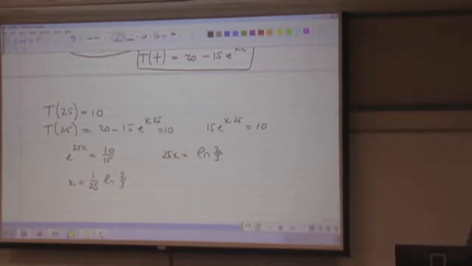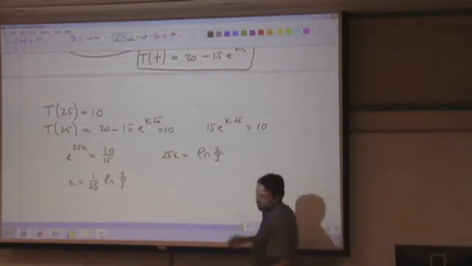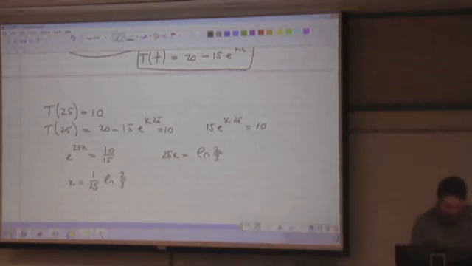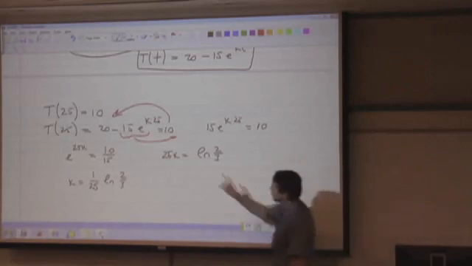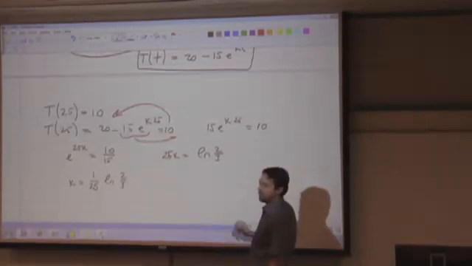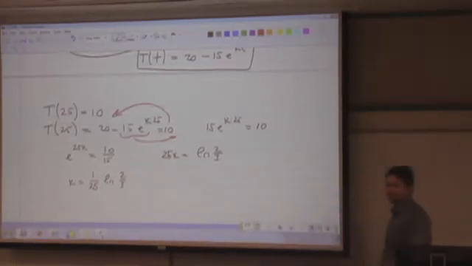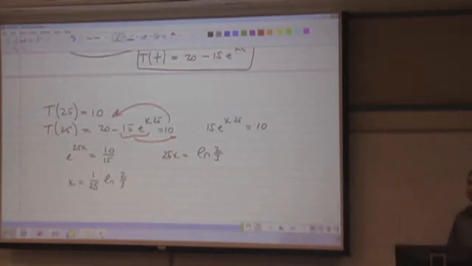Does this make any sense? I solved for 15 e to the 25k: I moved this term to the right hand side and 10 to the left hand side. So you have 20 minus 10, which gives you 10. Okay? Does that make sense?